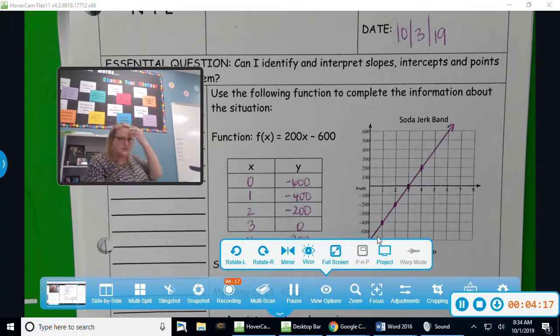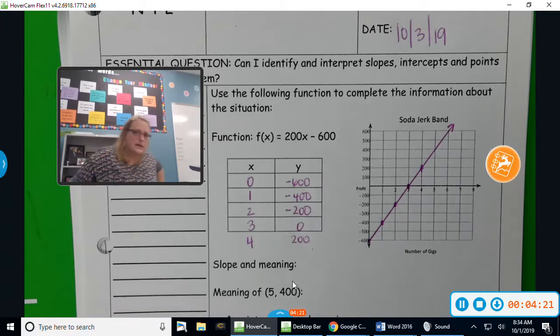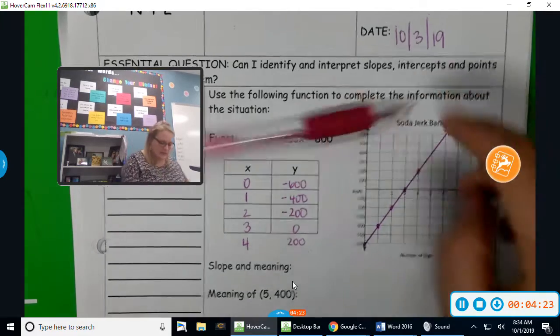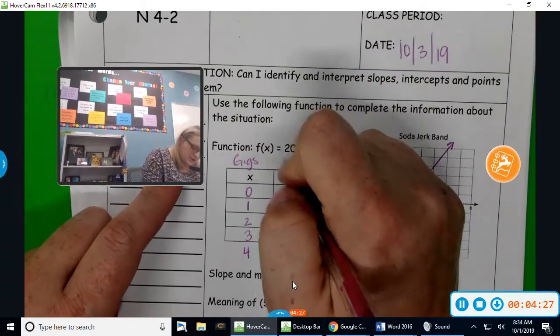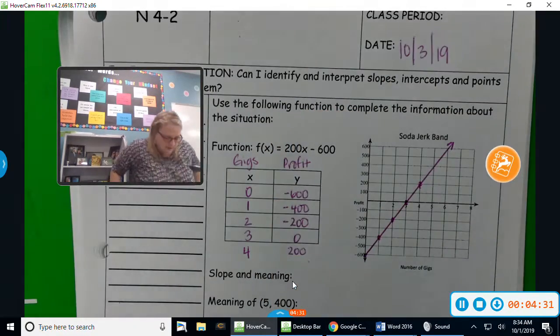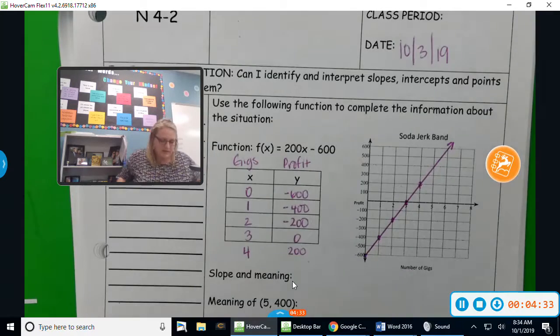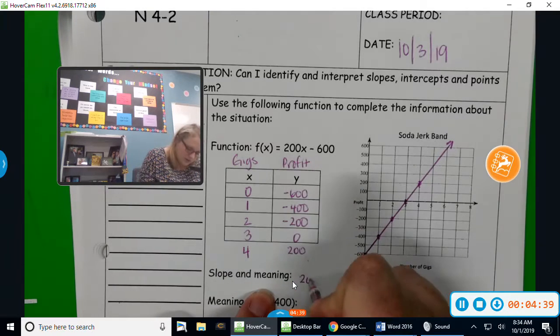Let's talk about this situation. Let's label this as the gigs. As the gigs increase, my profit, the amount of money that the band makes, increases. When we're talking about the slope, my m, this is going to be 200.